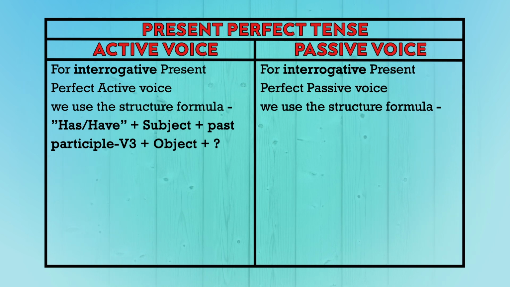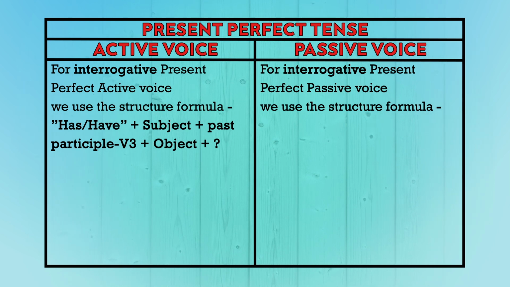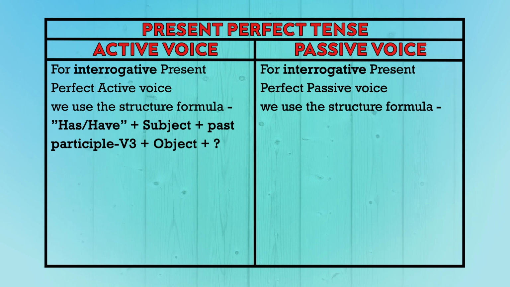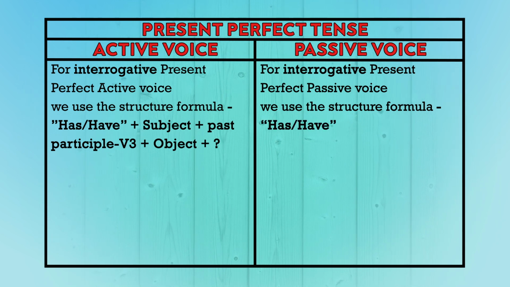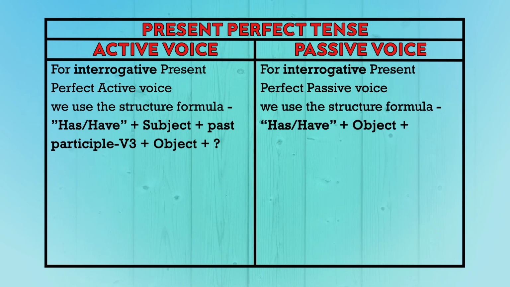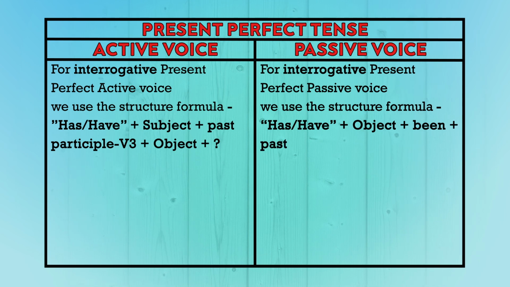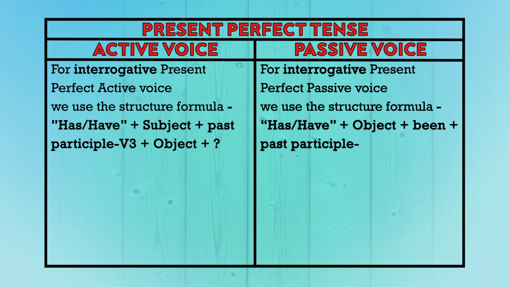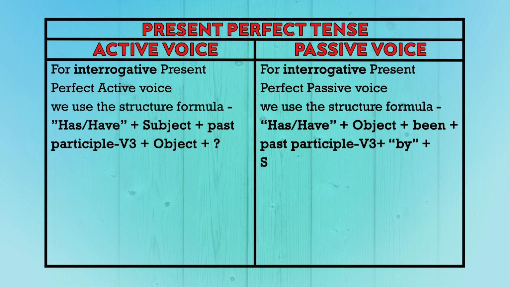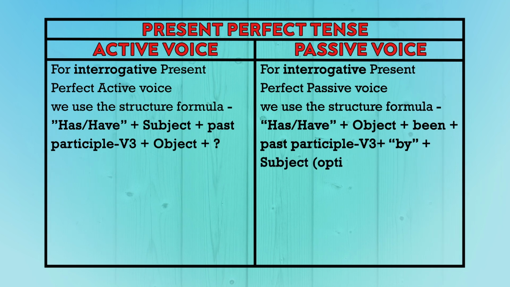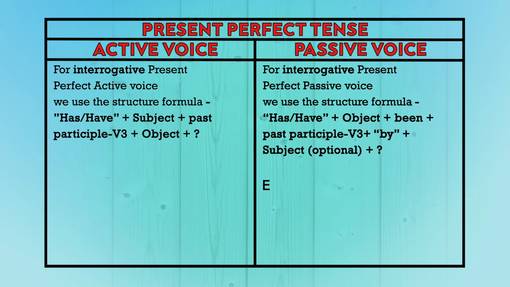Okay. Now, when we change it, it is has or have plus object plus been plus past participle, that is third form of the verb, plus by plus the subject. Now, let us look into some examples on the screen.